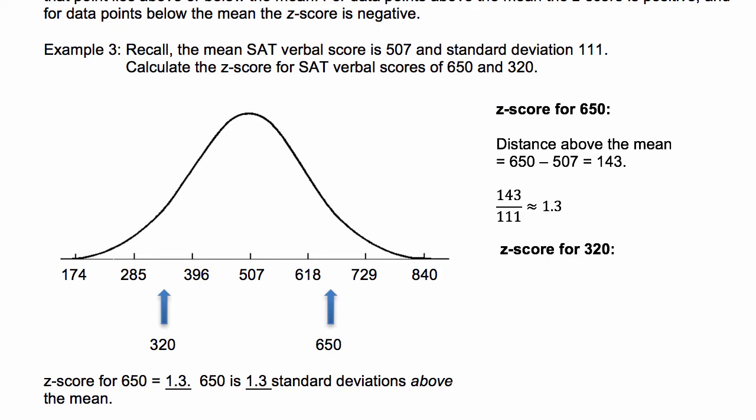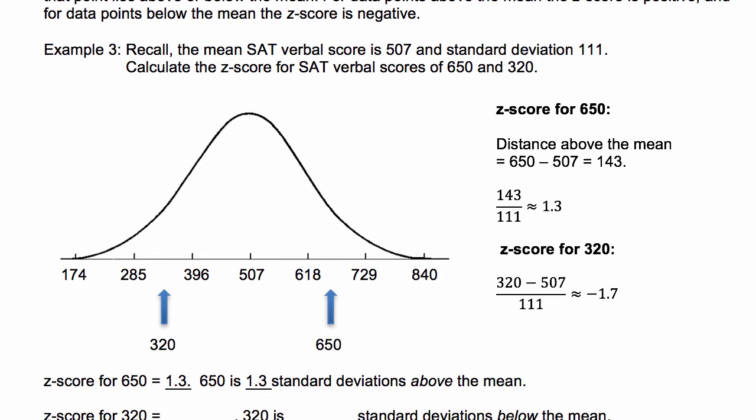Thus, the z-score for 320 is found by first taking 320 minus 507 to find the distance 320 is below the mean, and then dividing this negative quantity by our standard deviation of 111. When we do this, we get that our z-score is approximately equal to negative 1.7.